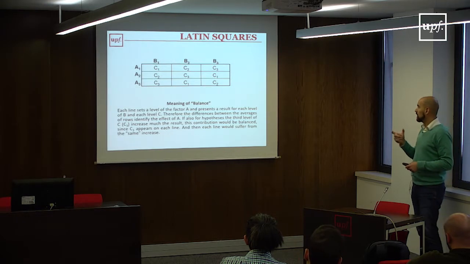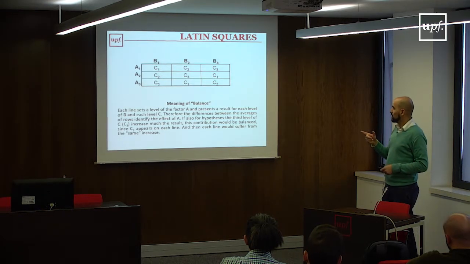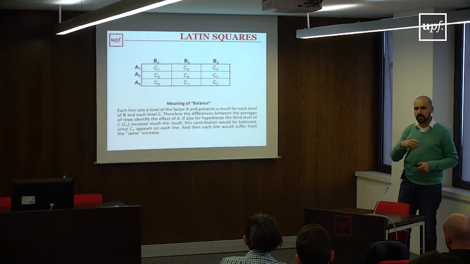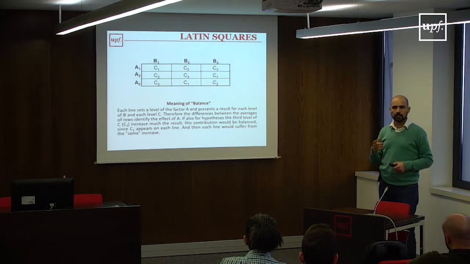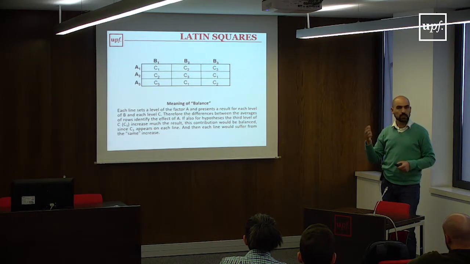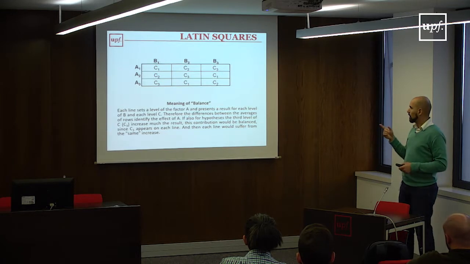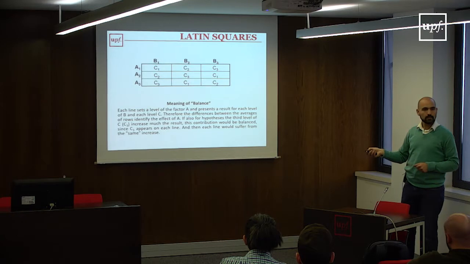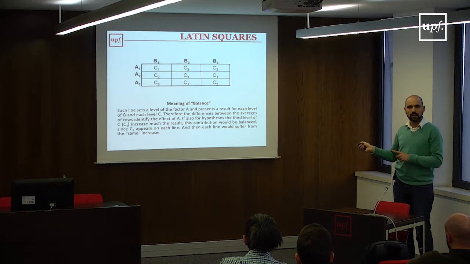Okay? So now, suppose I have a variation in another factor. Something happened in my experiment and level C3 changed suddenly. Level C3 is present in all the rows, so it will raise all the rows.